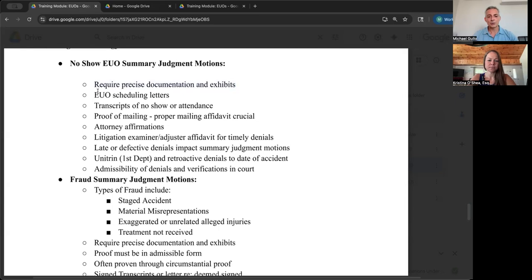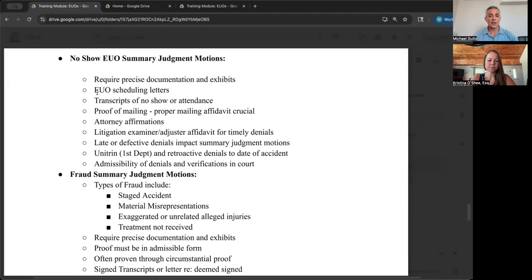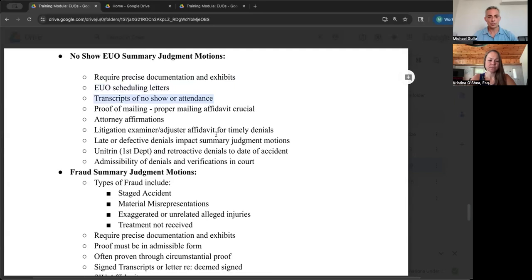So in our summary judgment motions, we have a notice of motion, we have an attorney affirmation in support. We have our EUO scheduling letters as an exhibit, transcripts of the no-show.